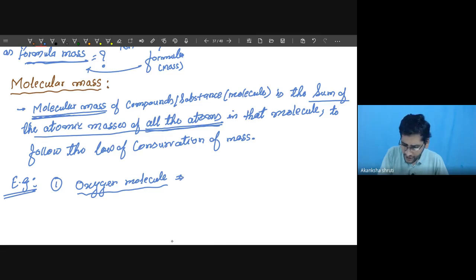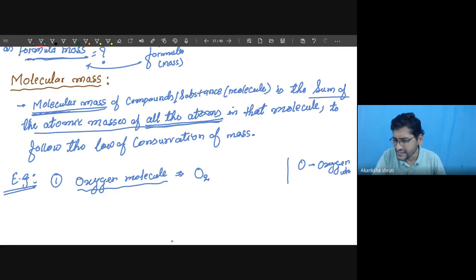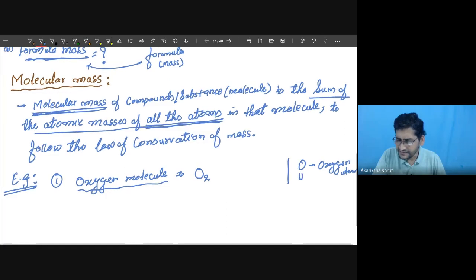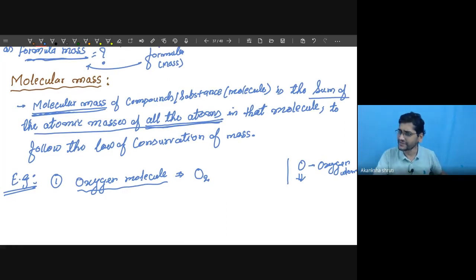It simply means how oxygen exists, O2, not as O. If you are writing only O, it represents the oxygen atom, and its mass is 16 u for one atom, or 16 g for Avogadro number of atoms, as we learned from the table. Students, it is for one atom, so from the table we have to keep this number in mind.